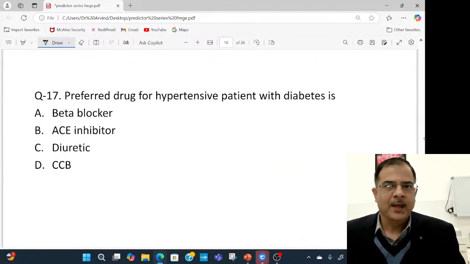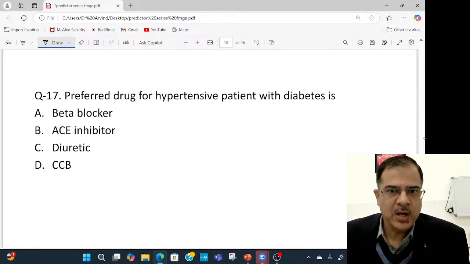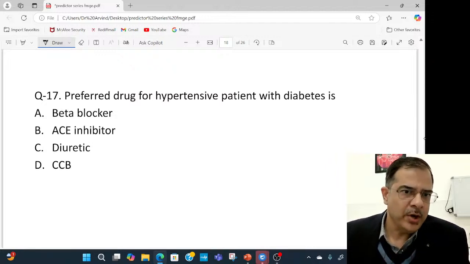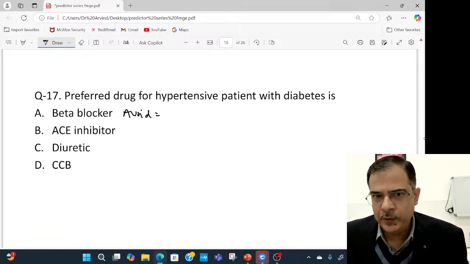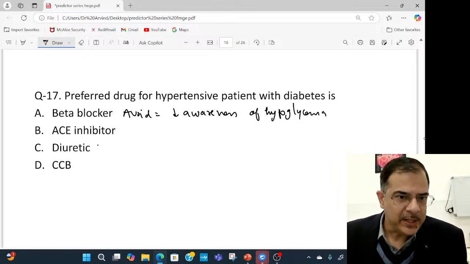Now, question number 17. Question is preferred drug for a hypertensive patient with diabetes. So avoid beta blocker in diabetes because it will lead to decreased awareness of hypoglycemia. Diuretic again should be avoided because it can increase blood glucose levels.